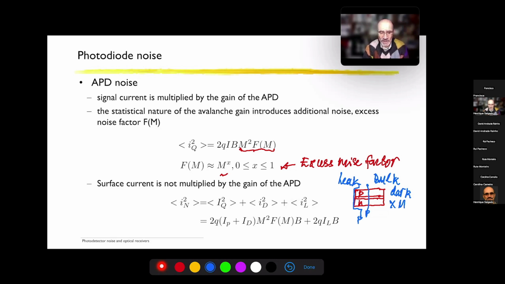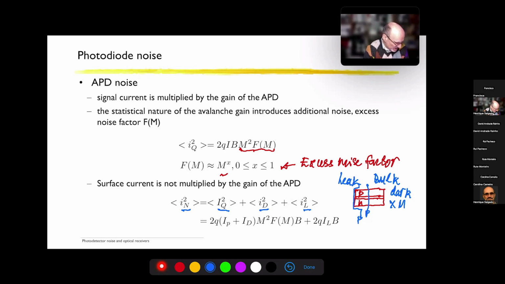And so when quantifying the total current noise, we have to include the quantum noise, the bulk dark current, and the leakage current.